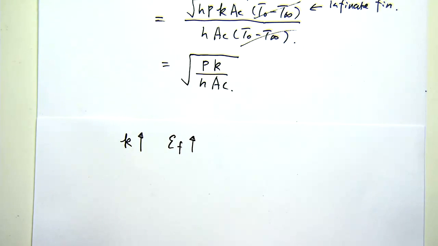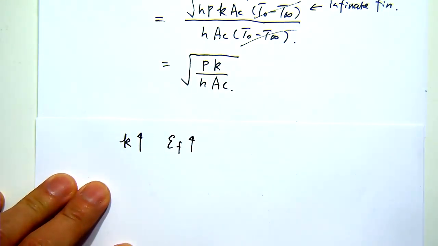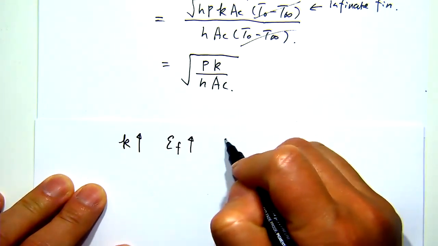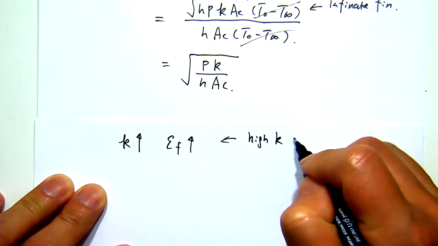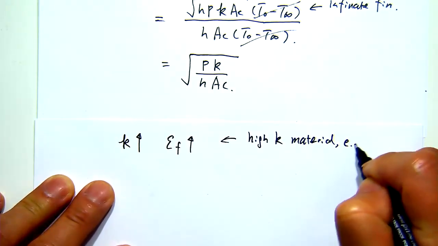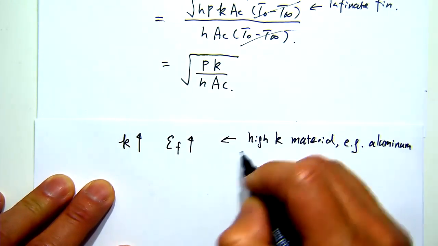If you use aluminum or copper, more heat will be dissipated through the fin. So that's straightforward. You don't want to use some insulator to build the fin. So this one is a high k material, for example aluminum.